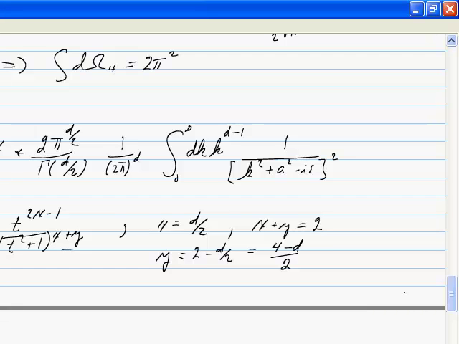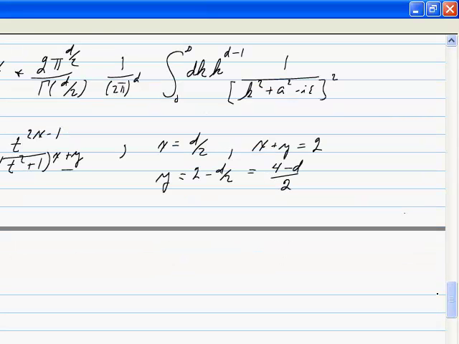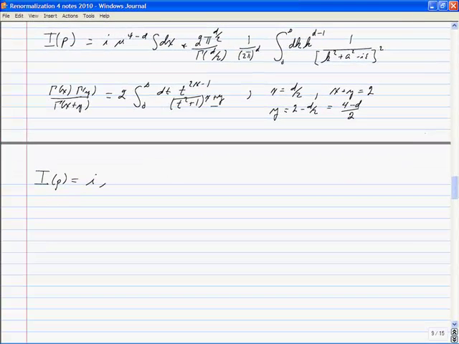So basically, I have to do a change of variable to say that t is k squared divided by a squared, such that this becomes t squared plus 1, and then I have to factor out powers of a. You'll see those in the final answer. Okay, so let's write it out. There's i mu to the 4 minus d. There's 2 pi. No.